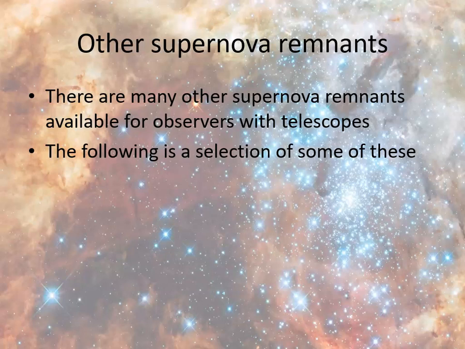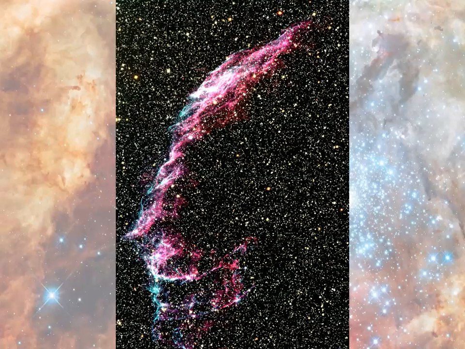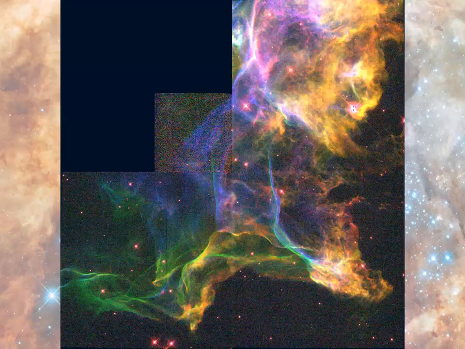So I'll show you a few other supernova remnants as well. This is something called the Veil Nebula. It's part of a larger supernova remnant called the Cygnus Loop in the constellation, surprise, surprise, Cygnus. It's actually something that you can see with good binoculars or a small telescope as well. It's a very nice supernova remnant. Here's a zoom into part of the Veil Nebula from the Hubble Space Telescope, and the colors in this case are not quite real.